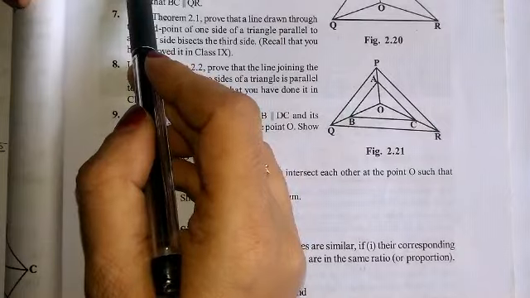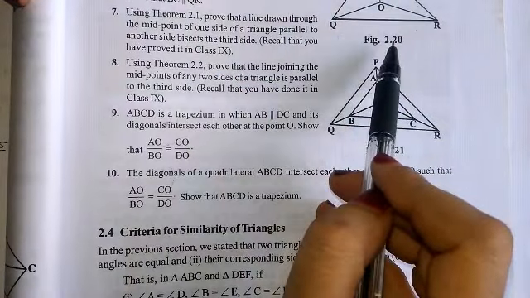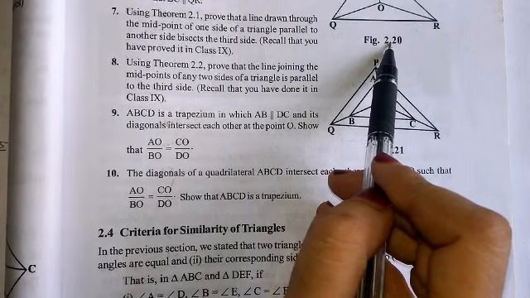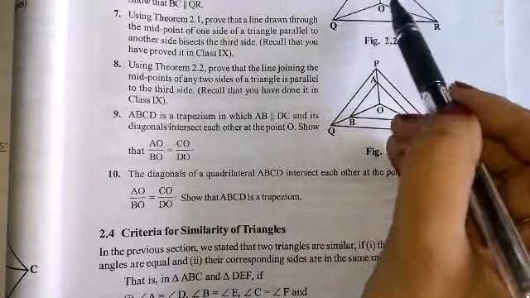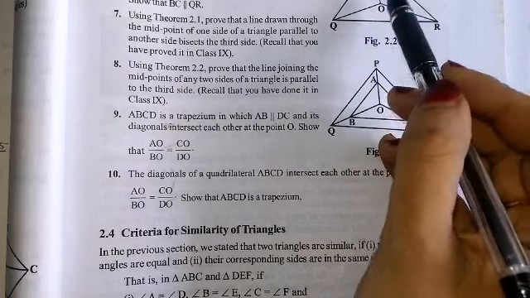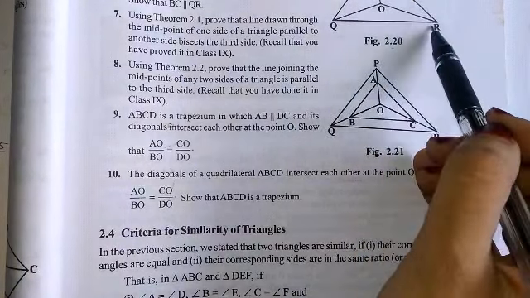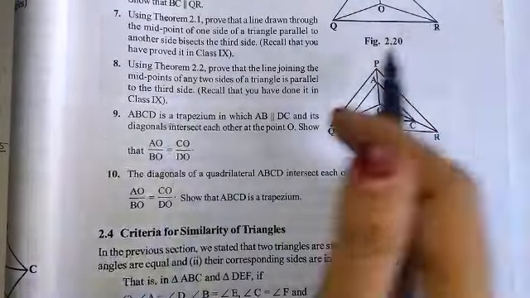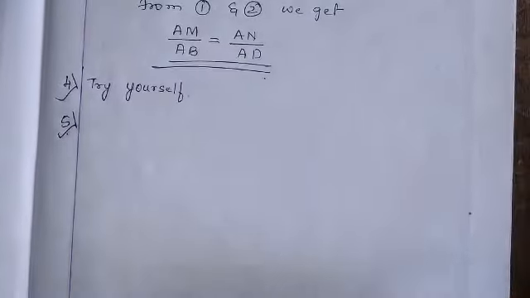In figure 2.20, DE parallel to OQ and DF parallel to OR. Show that EF is parallel to QR. I'll draw the rough figure first.